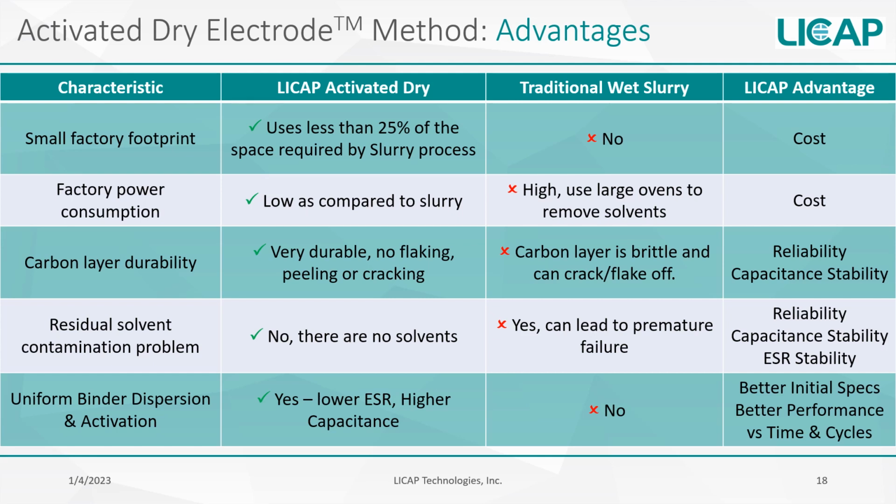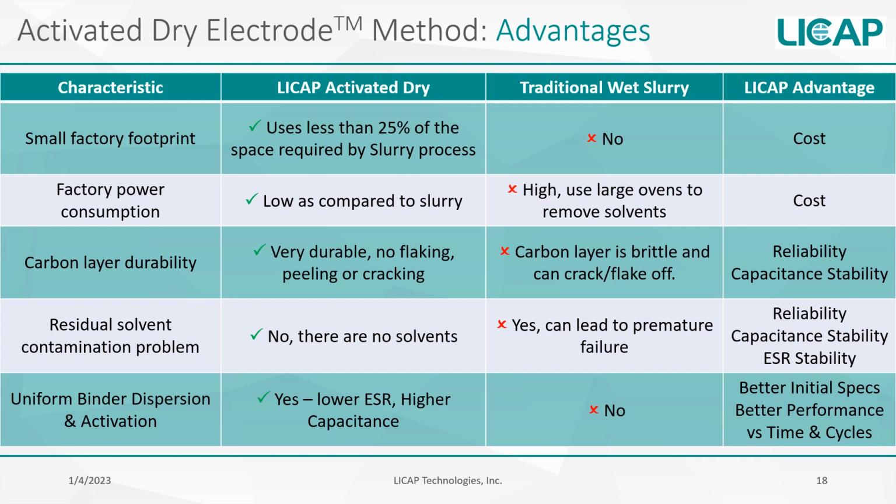We have previously shown that electrode produced using the activated dry process is far more durable than wet process electrode, resulting in overall improvement in reliability and minimization of capacitance loss. The activated dry process uses no solvent, so there are no issues related to residual solvent. The result is an overall improvement in reliability and better stability versus time for both capacitance and ESR.